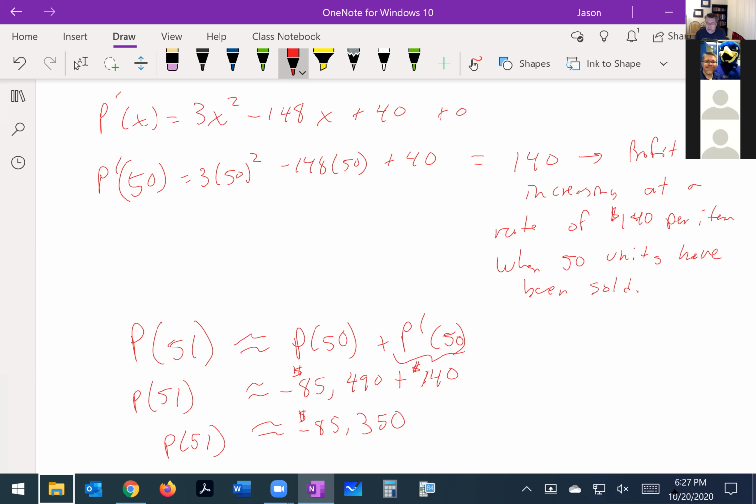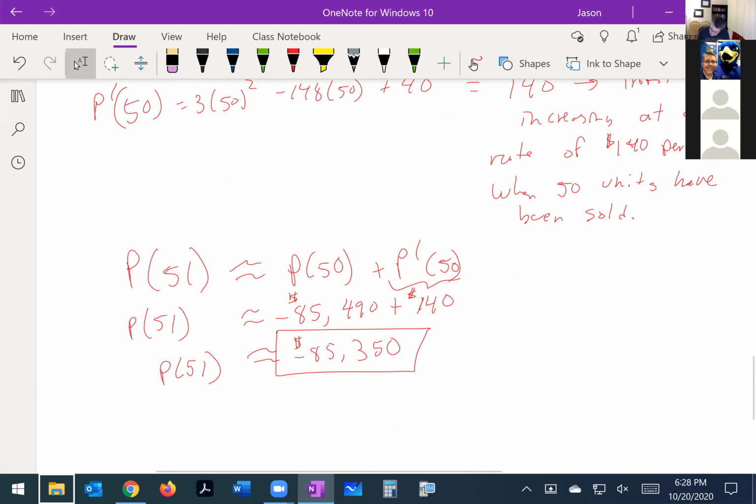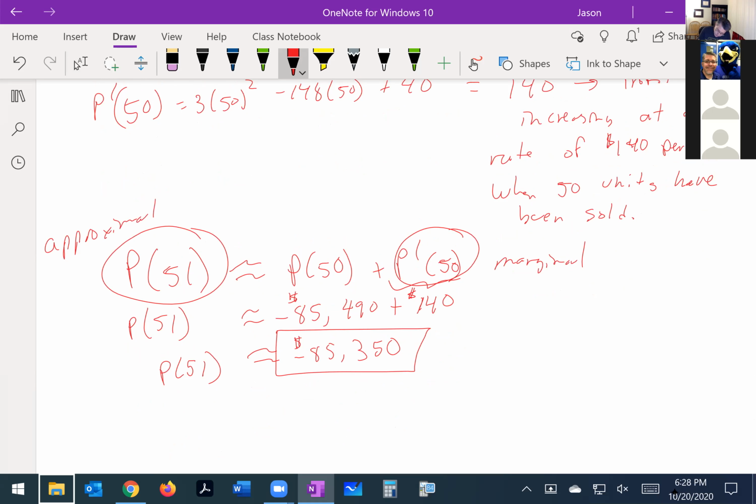At the 51st item, we owe less debt. So this is called the marginal, and this is called the approximate profit. This is the marginal profit.